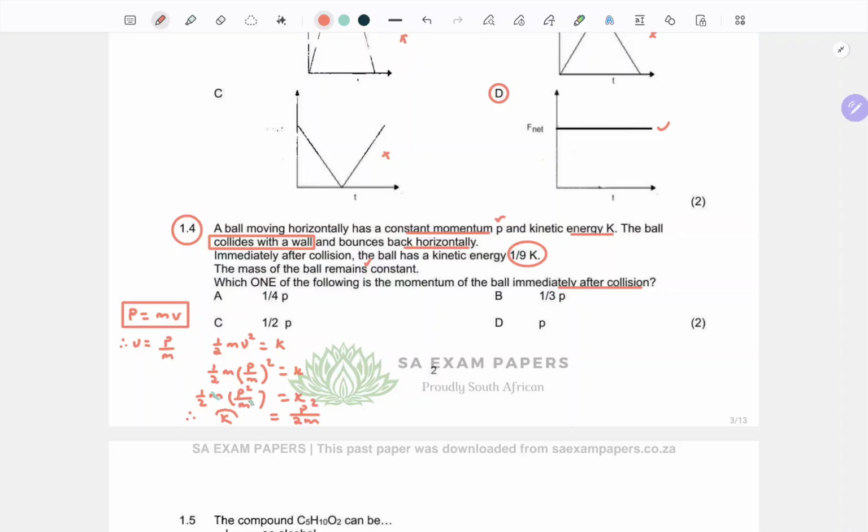So this is K in terms of momentum and the mass of the object.